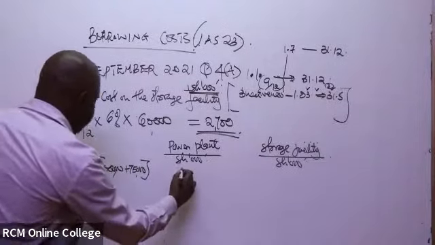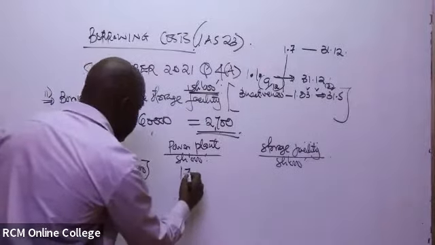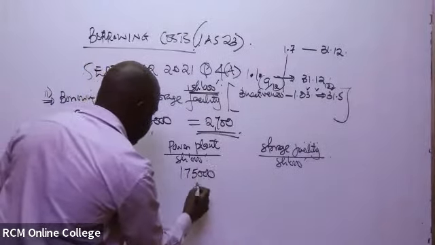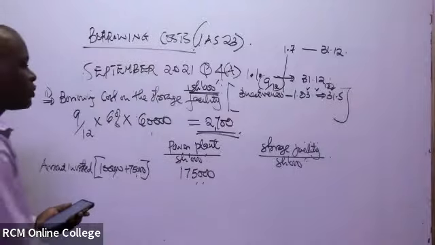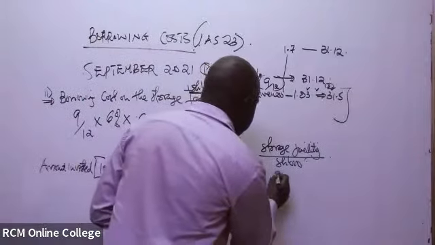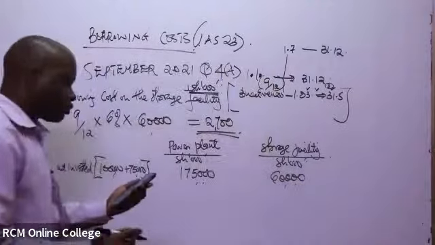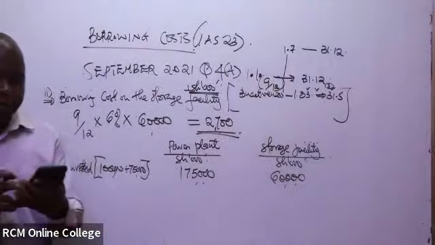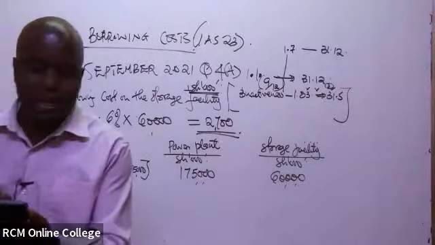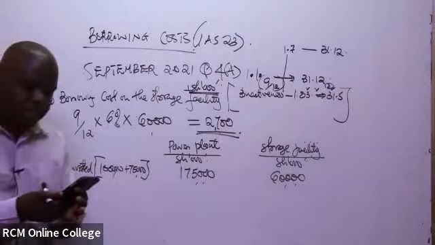So this one basically came to 175,000. So that's the amount that was invested. And in this storage facility, they invested by the end of the year 60,000. But now what they want us to determine is the value of the asset in the books of Darubini Limited by the end of this year.